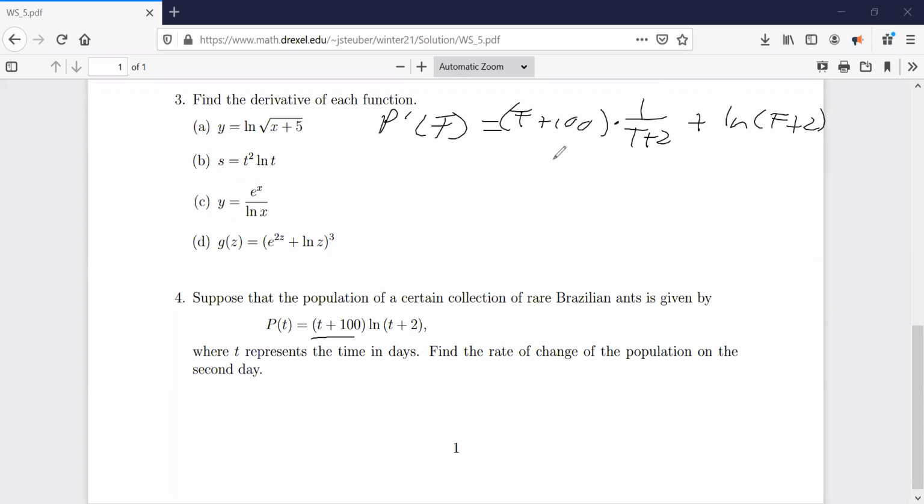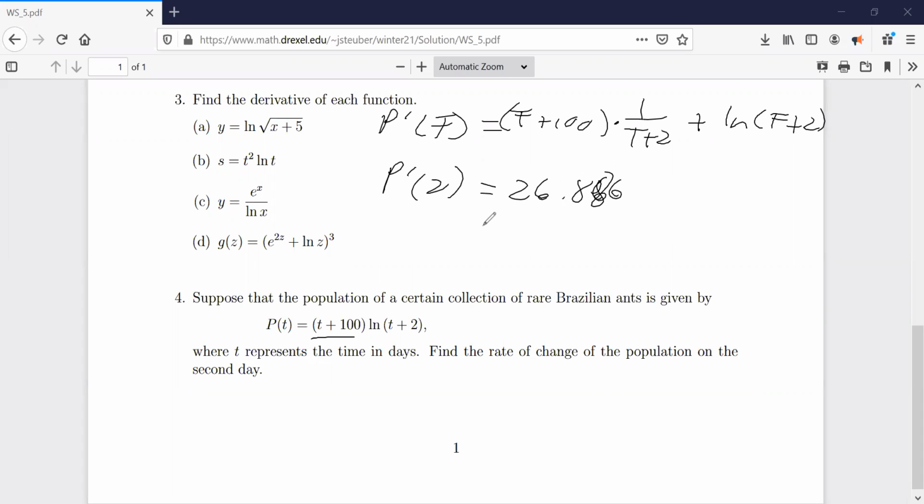So it ends up being (t plus 100) times 1 over (t plus 2) plus ln of (t plus 2). So what we would get if we plug in 2 to P prime is 26.886.